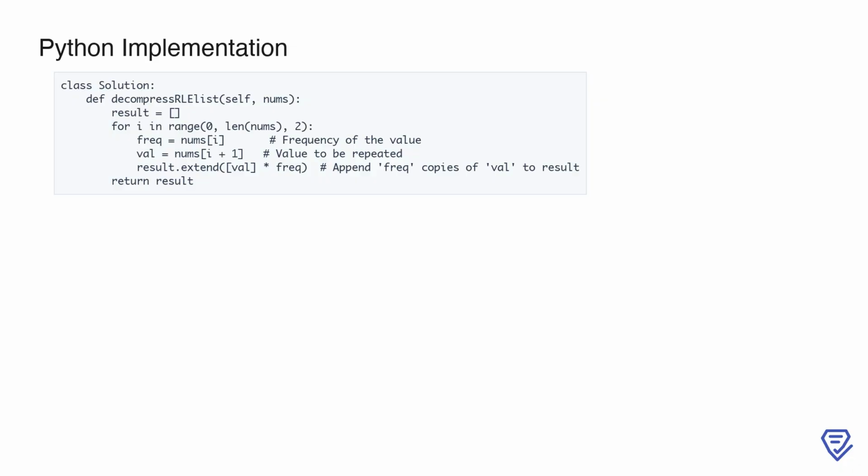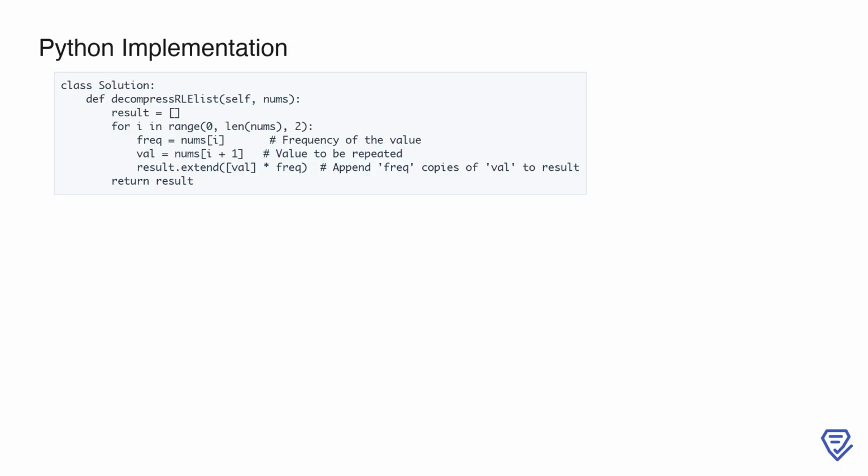3. Iterate over pairs. The loop iterates over the input list nums with a step size of 2, indices 0, 2, 4. This ensures we process each frequency-val pair sequentially. Frequency is assigned the value at the current index, nums[i], and val is assigned the value at the next index, nums[i+1]. 4. Expand values.